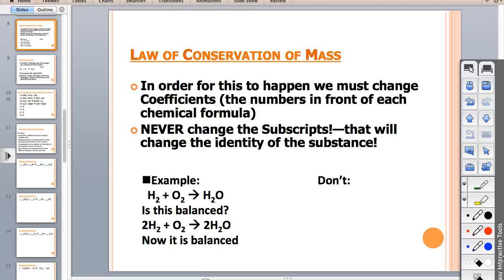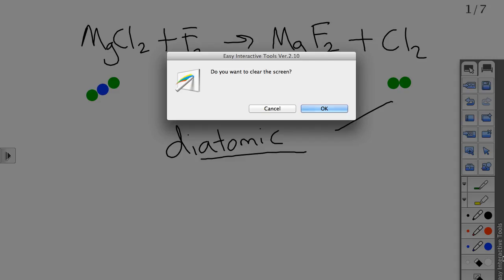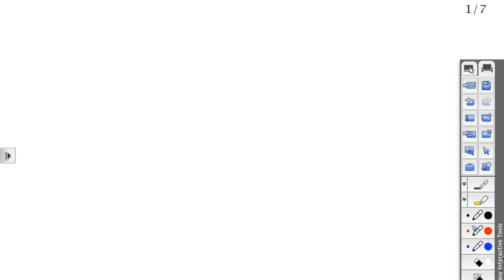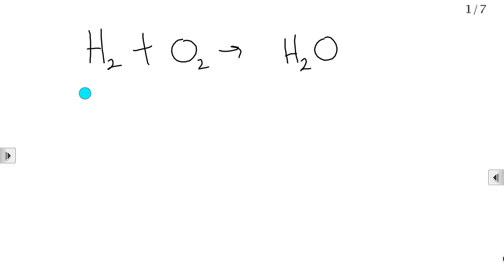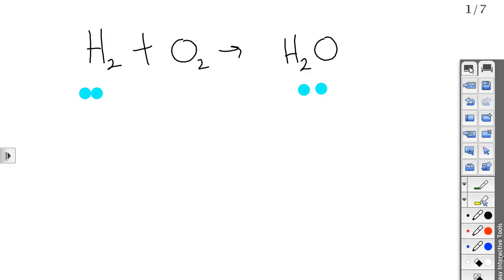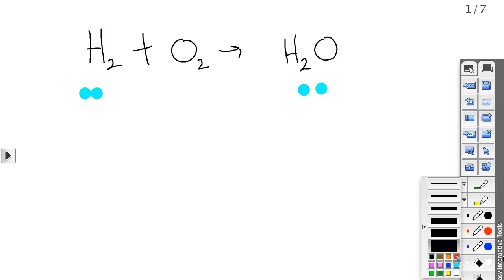So let me give you this. Here we have hydrogen gas and oxygen gas making water vapor. So if we go back to the board, I want to draw this for you. Notice how these are diatomic. And if I draw these out for you, I'm going to use this light blue for hydrogen, and I'm going to use the red for oxygen.